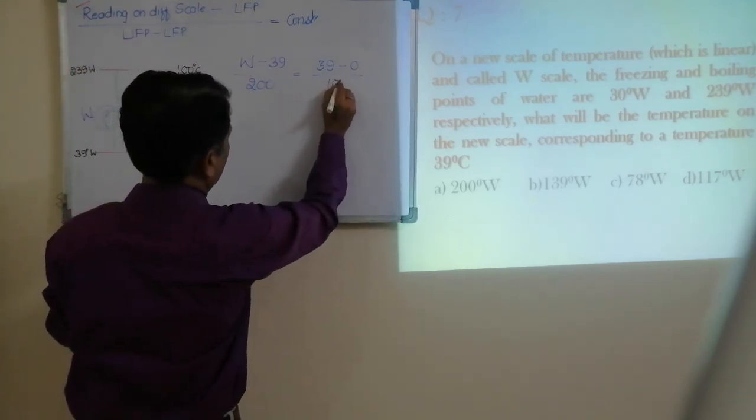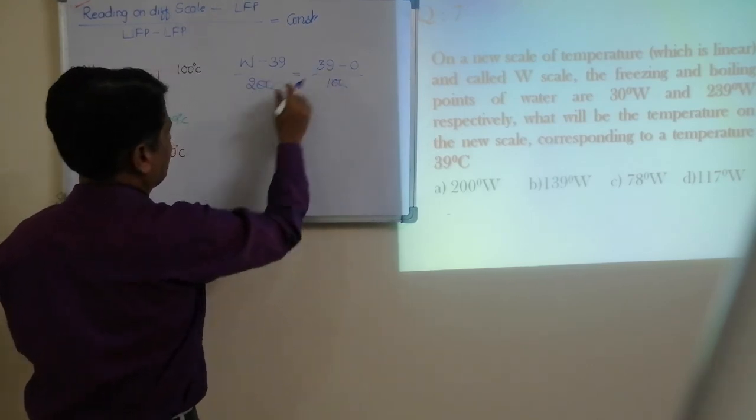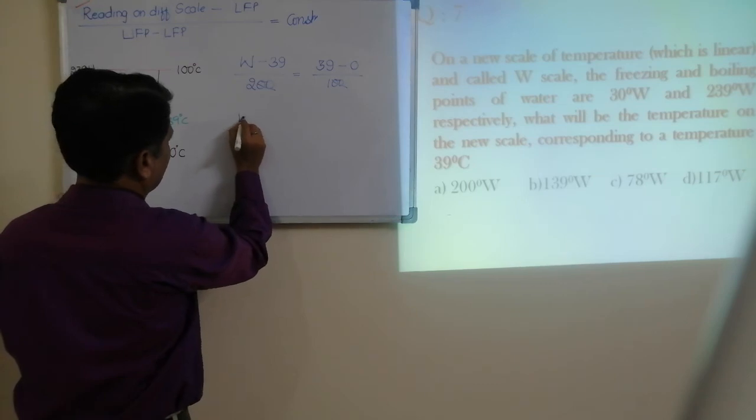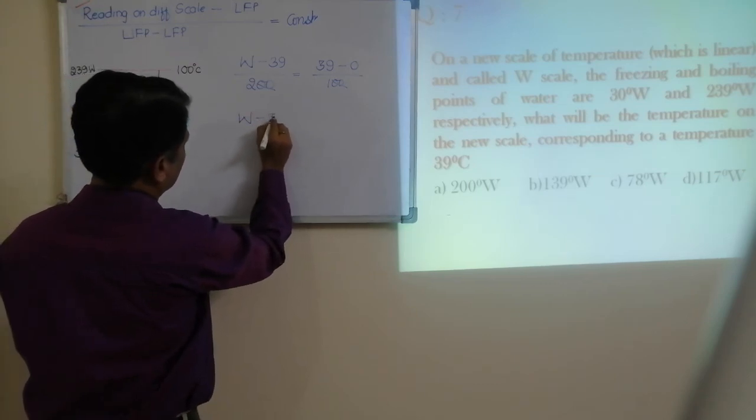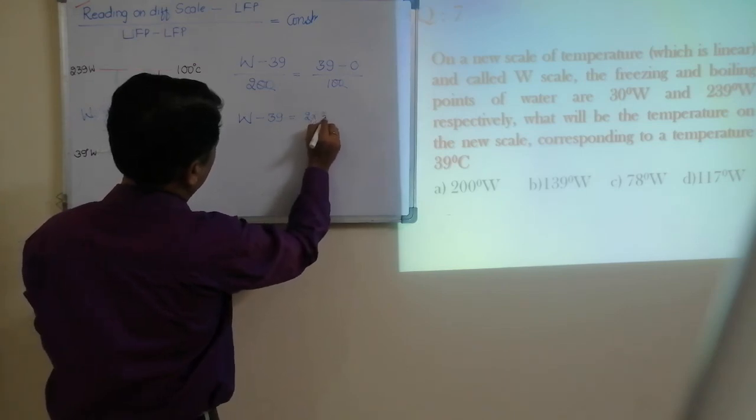You subtract, and this and this cancel. Cross multiply: W minus 39 is equal to 2 into 39.